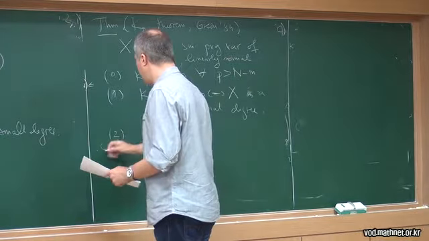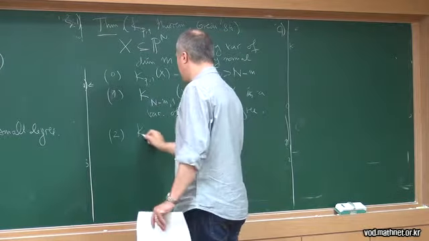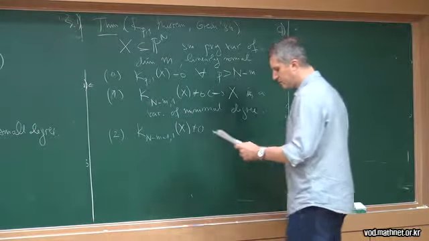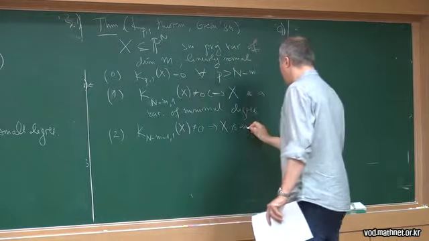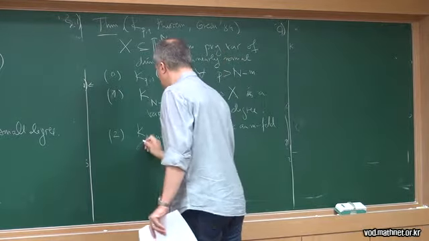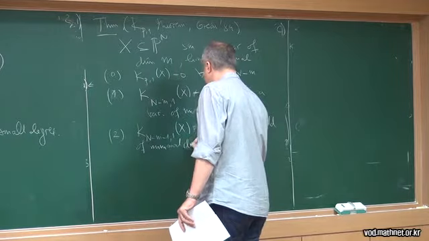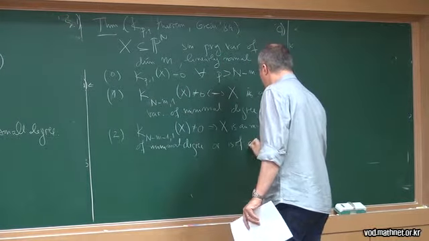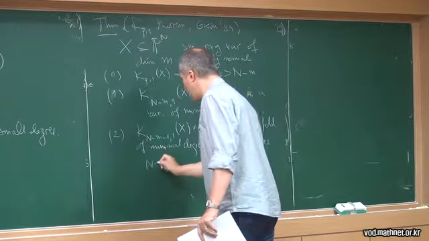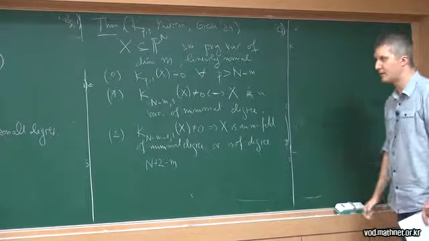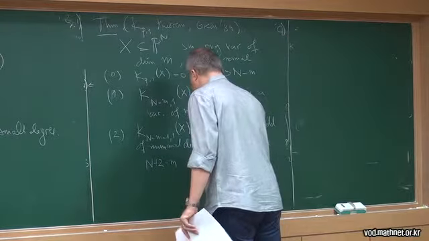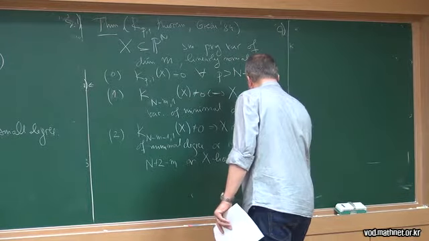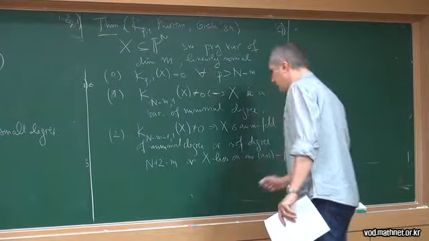And then another result, which would be the next case: if the next one is different from 0, then either X is an m-fold of minimal degree, case which is also caught by the other one, or is of degree 1 bigger than a minimal degree, which is n plus 2 minus m, so very close to minimal degree, or X lies on an n plus 1 fold of minimal degree.